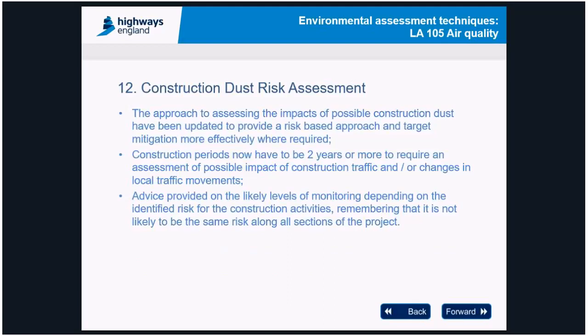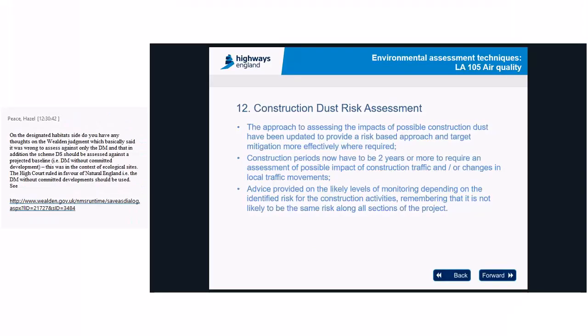We've had lots of questions, and recognizing that the Institute of Air Quality Management had done some work around this, we were trying to provide a balanced judgment on how to undertake a construction dust risk assessment without writing hundreds and hundreds of pages, as I've seen in the past. Ultimately, it's for the contractor coming on board to take ownership of construction dust, but we need to provide them and the clients with some early advice.